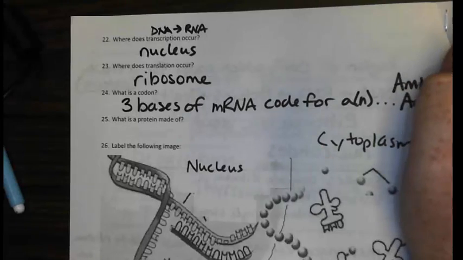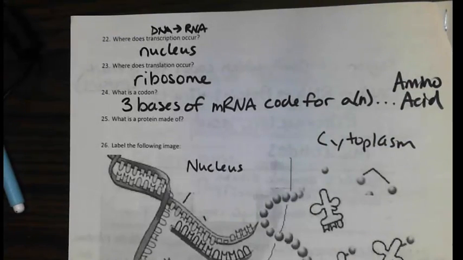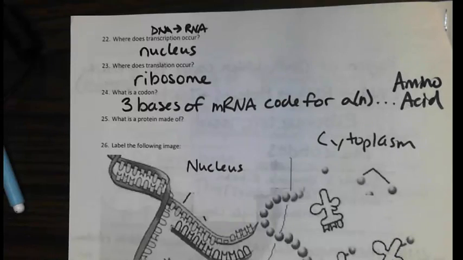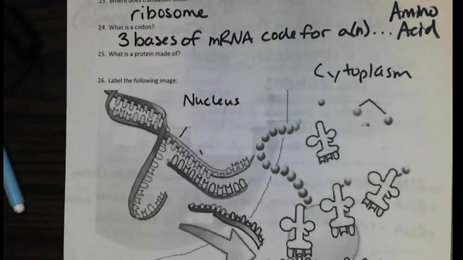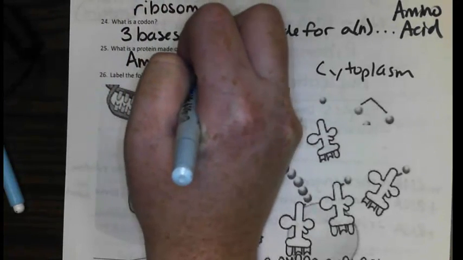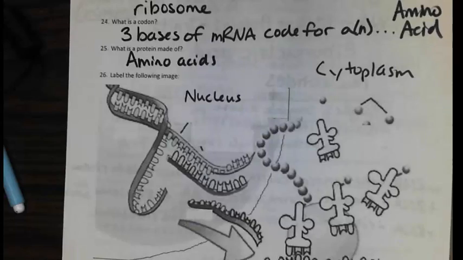Remember, if you look back at our chart, a codon, such as GAU, codes for an amino acid. What is a protein made up of? What are the building blocks of protein? That would be amino acids. And that's what we're building with translation and protein synthesis.